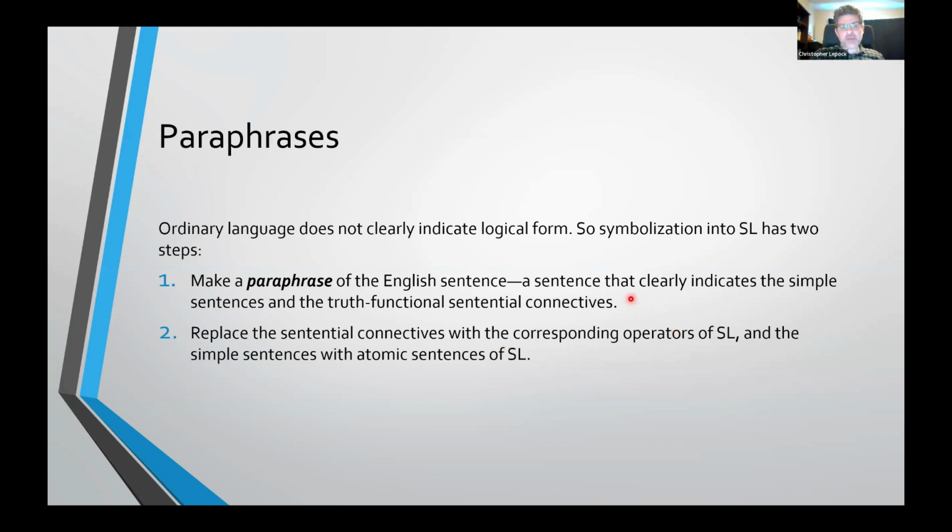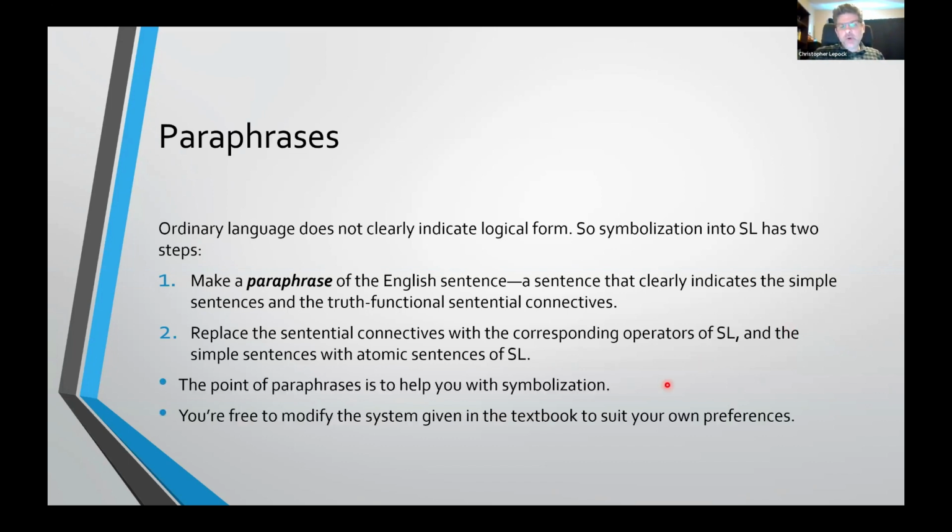So at this stage, you're taking the English sentence and forcing it into a form that fits the way it would work as a sentence of SL. And then you're taking that new sentence that you've produced and turning it into an actual sentence of SL. By breaking it down into these two steps, the whole symbolization process becomes much simpler.